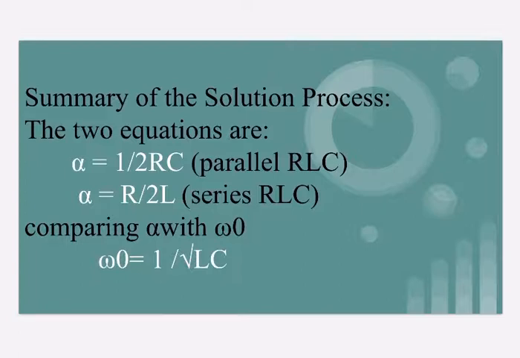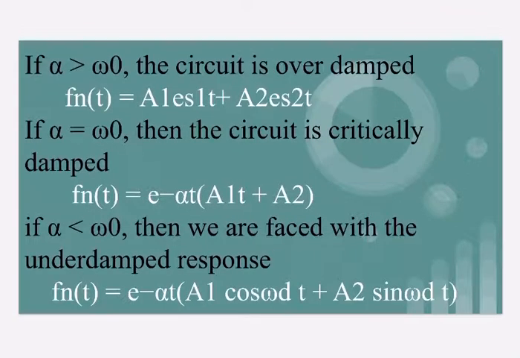If alpha is greater than omega naught, then the circuit is overdamped, and the response is Fn of t equal to a1 e to the power s1 t plus a2 e to the power s2 t.